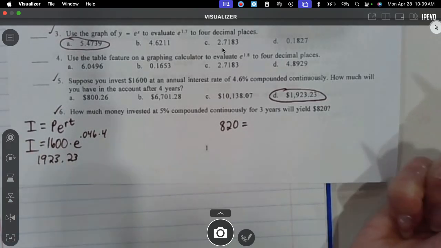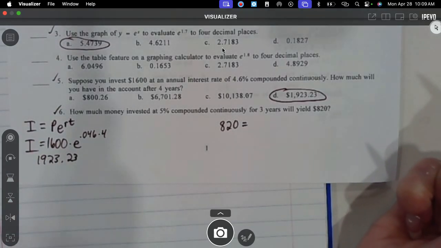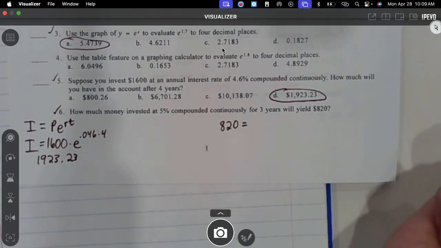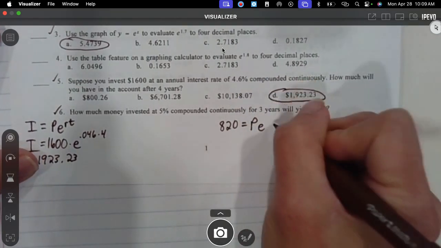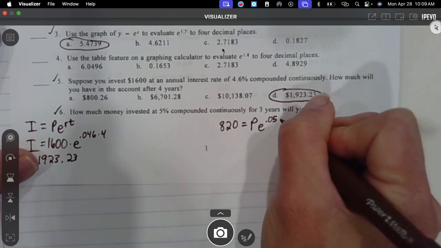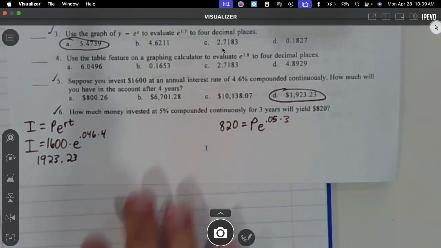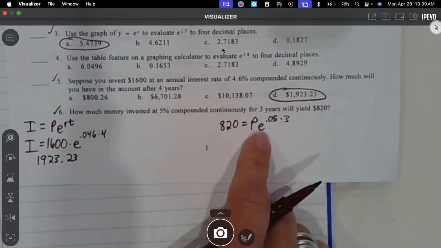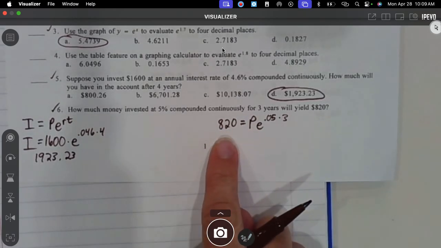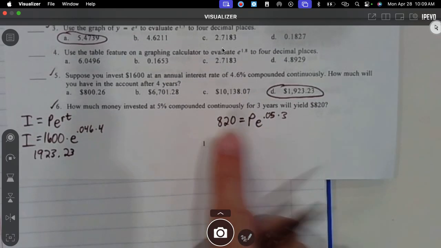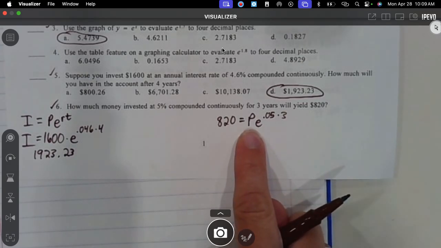We're trying to find how much money we invested. We call that P, the principal. So that's the interest rate. They told me backwards information. We're trying to find how much we started with.